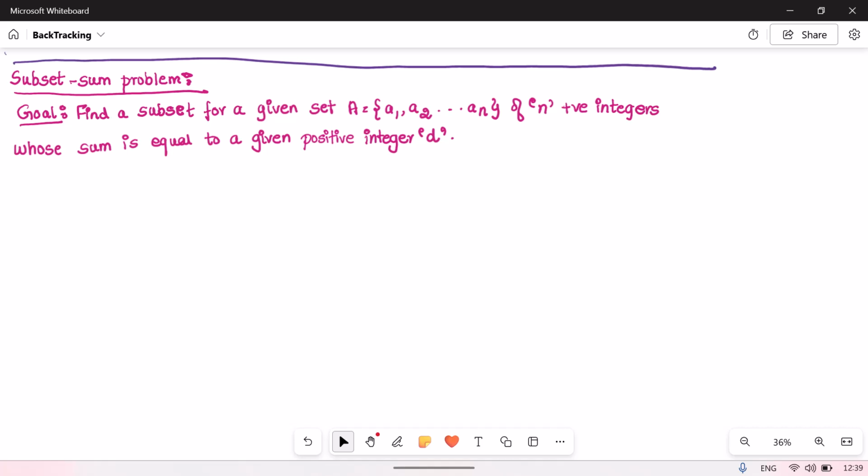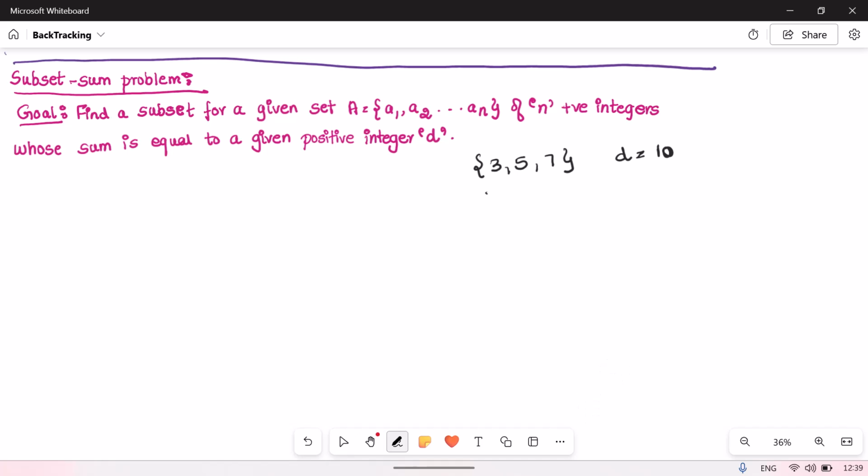The third problem under backtracking is called a subset problem. See the goal. Find the subset for a given set A equal to A1, A2 up to AN of n positive integers, whose sum is equal to a positive integer D. The idea is there will be some elements in your set and they will give you some D value, let's say 10.